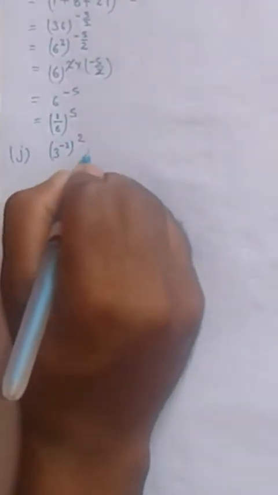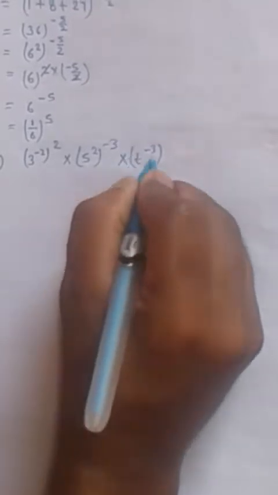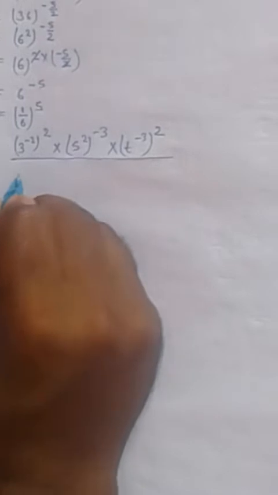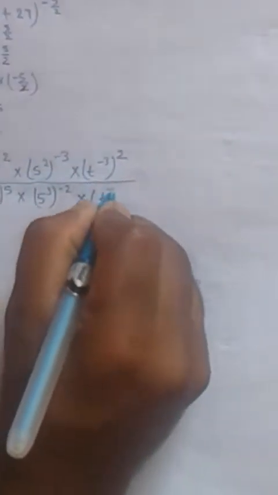The question is: (3 to the power minus 2) further power 2, into (5 to the power 2) further power minus 3, into (t to the power minus 3) further power 2, upon (3 to the power minus 2) further power 5, into (5 to the power 3) further power minus 2, into (t to the power minus 4) further power 3. How to solve this question?